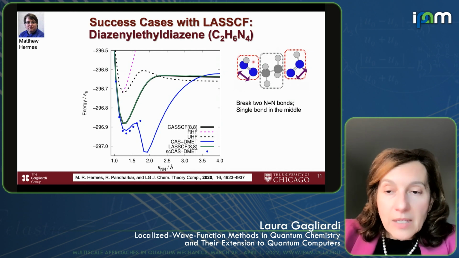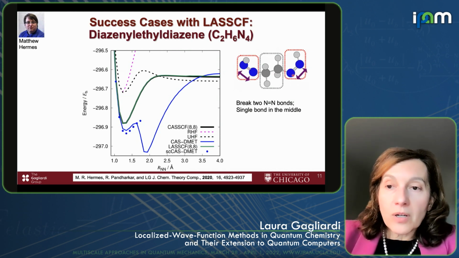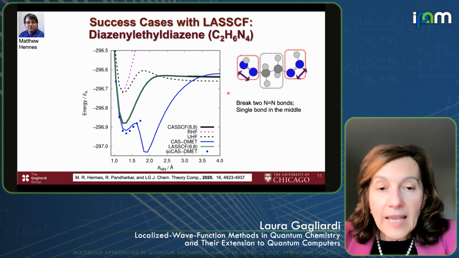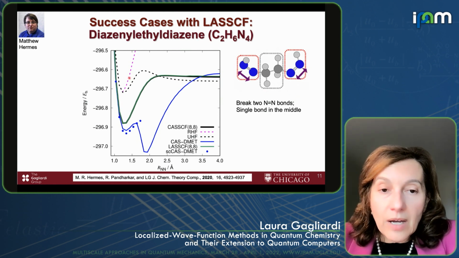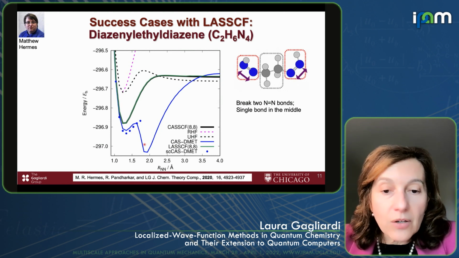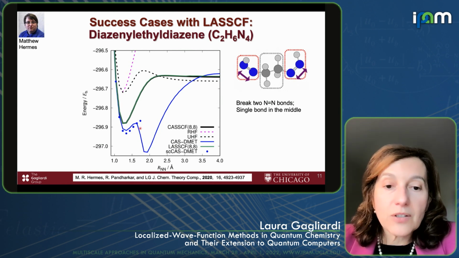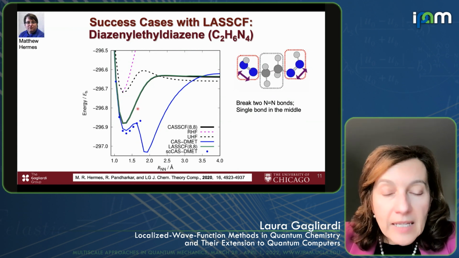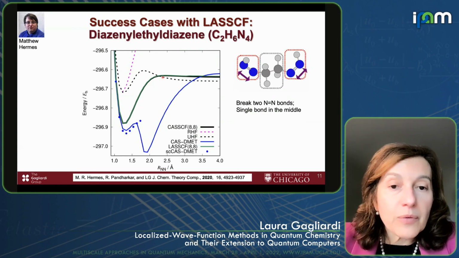Let's look now at the case in which we have two of these strongly correlated fragments, the one on the left and the one on the right, and we are dissociating them simultaneously. And here you see again, Hartree-Fock fails in all possible ways. DMET also fails, whether it's iterative or single shot. On the other hand, CASSCF and LASSCF really agree.